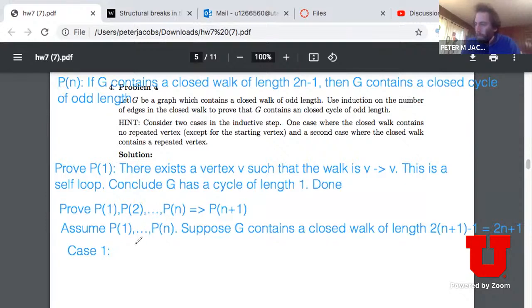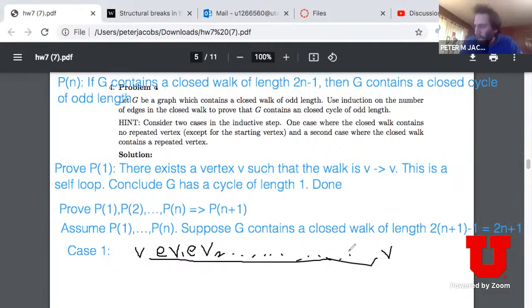So let's see, what does that look like? It looks like we have some vertex V, and then we have just our walk, and there are no repeated vertices in that walk. So there's an edge here, and then there's another vertex V1, and then another edge, and then a vertex V2, and none of these vertices are the same right now.